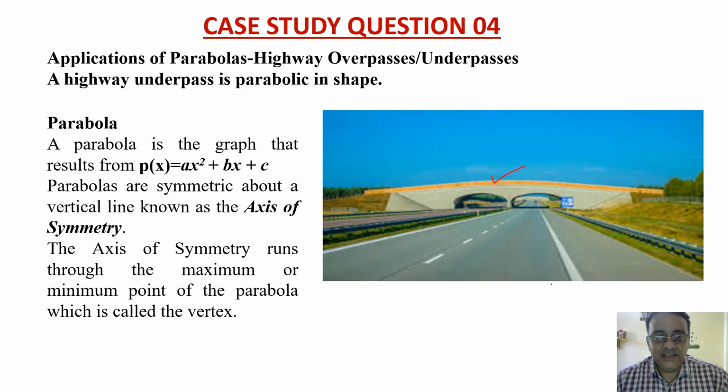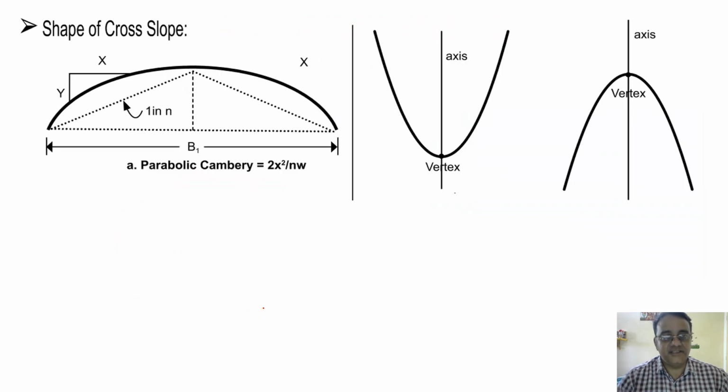A parabola is the graph that results from p of x is equals to ax square plus bx plus c. Parabolas are symmetric about a vertical line which is known as axis of symmetry. The axis of symmetry runs through the maximum or minimum point of the parabola, which is called vertex. Right? See this figure, shape of cross slope.